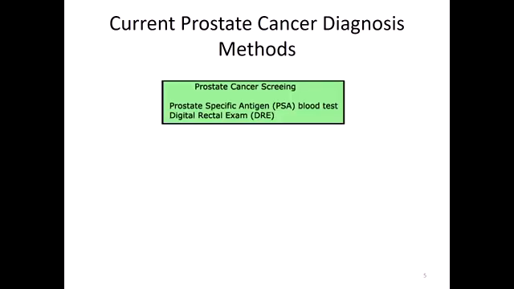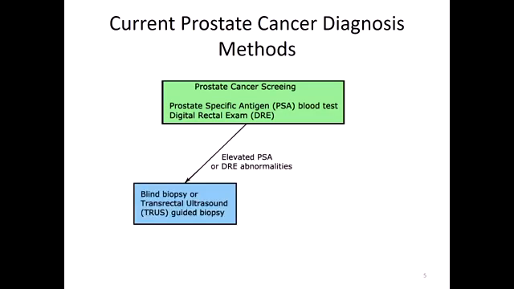Okay, so current prostate cancer diagnosis methods. First is prostate cancer screening using one of two methods, either a prostate-specific antigen blood test or a digital rectal exam. Now, given that we have an elevated PSA or DRE abnormalities are found, the typical next step is to go to biopsy, which is either a blind biopsy or a transrectal ultrasound guided biopsy, which is image guided.